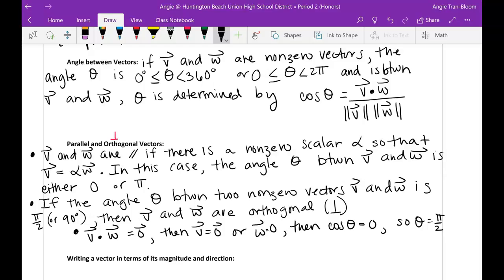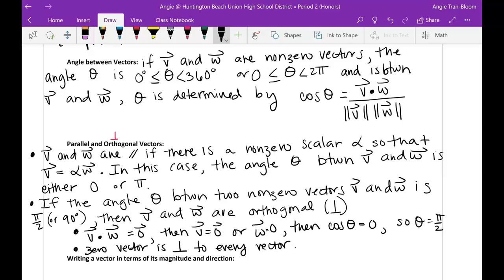Next subscript of that is the zero vector is orthogonal to every vector. Okay.